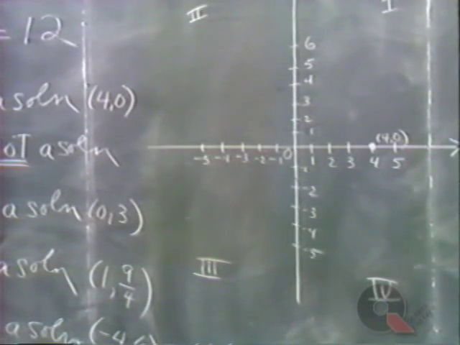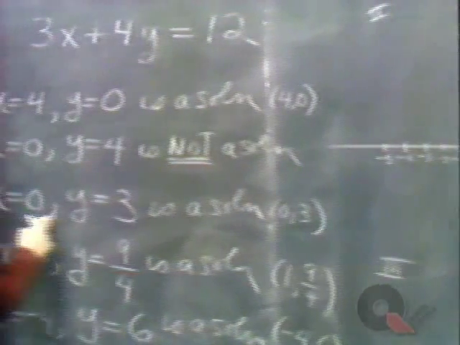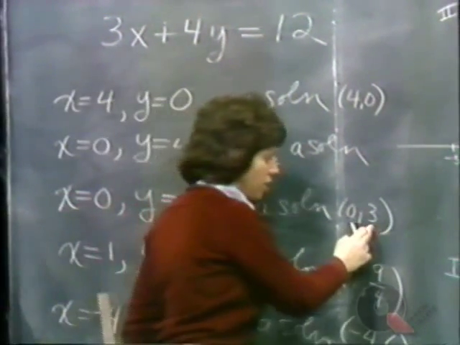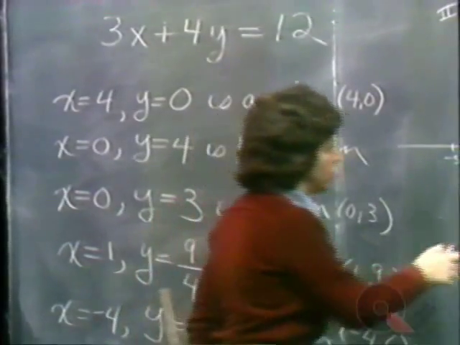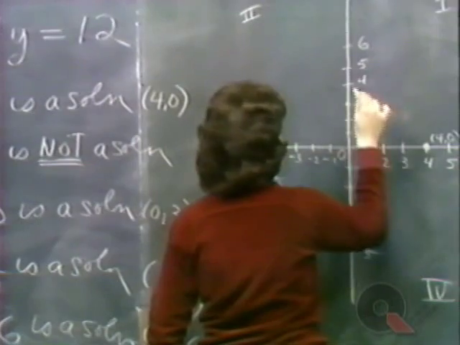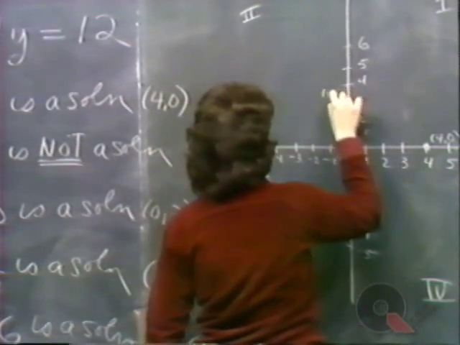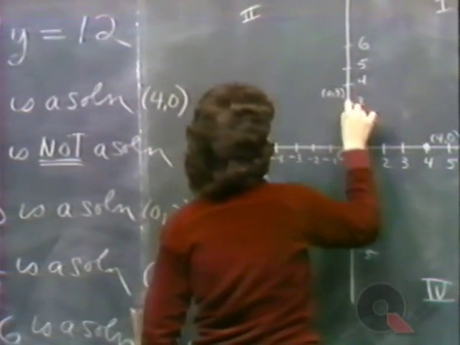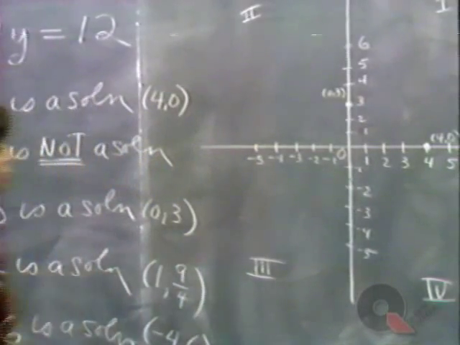And here we have (0, 3). x is 0, so he doesn't move to the left or to the right. y equals 3, so he moves up 3 units: 0, 1, 2, 3. We have this point.